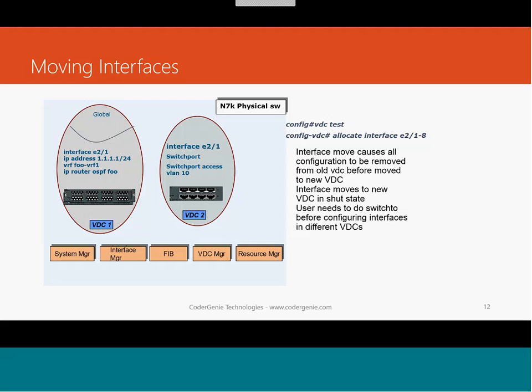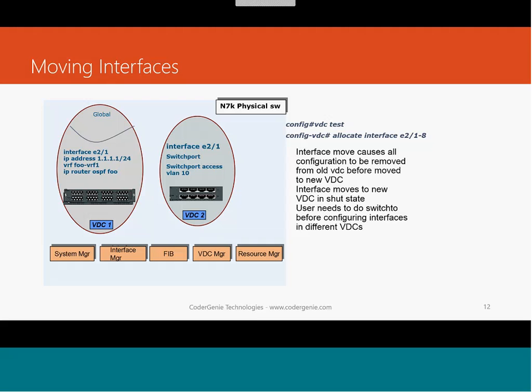And if that interface supports it, you can configure an IP address and run OSPF on it. Nobody's stopping you from that. But after moving an interface from one VDC to another, it is going to remove all the configuration on that interface.